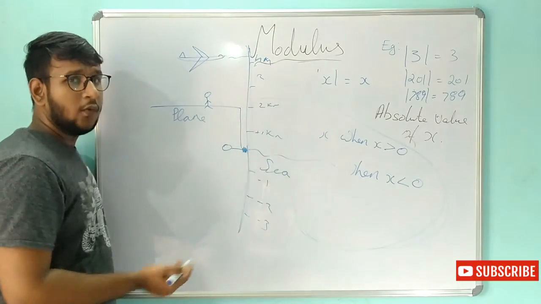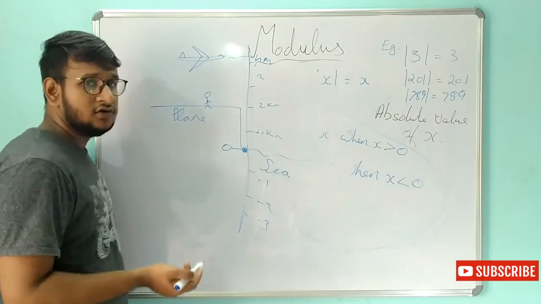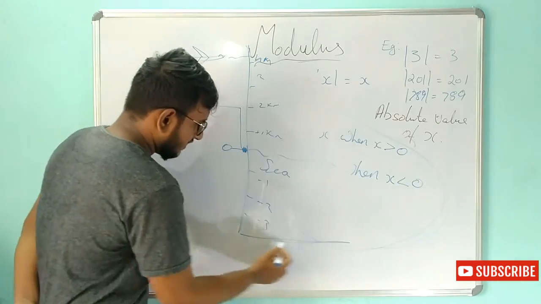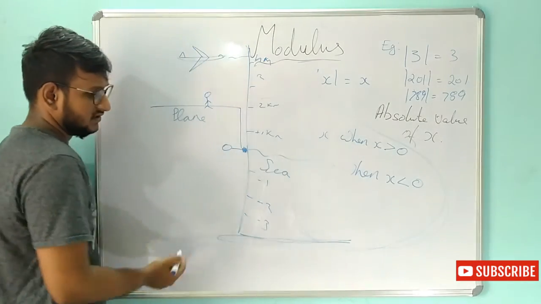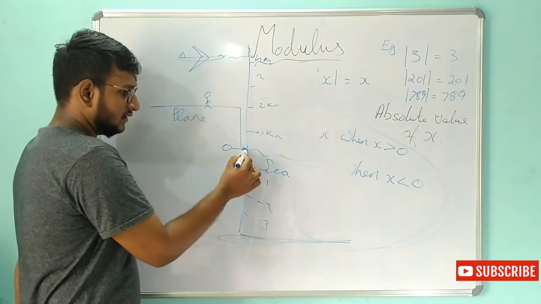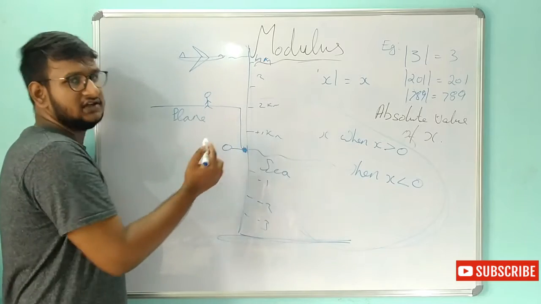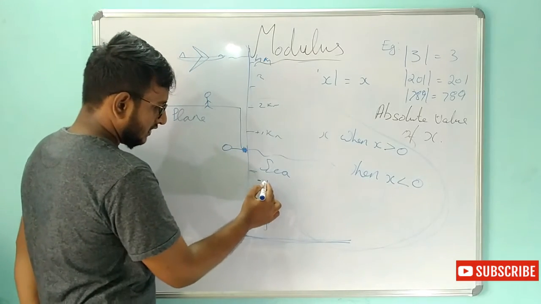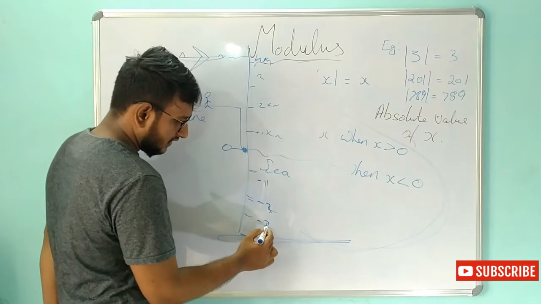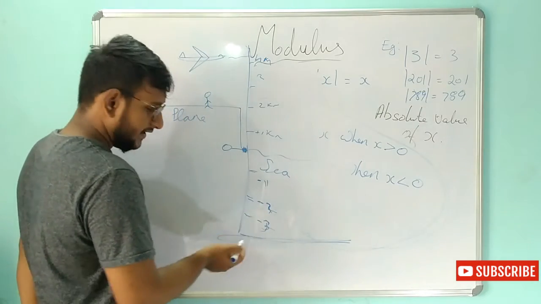The same concept holds, for example, if you want to find the depth of the sea, the sea bed. The sea level will be at 0, and the distance below that will be counted in minus.